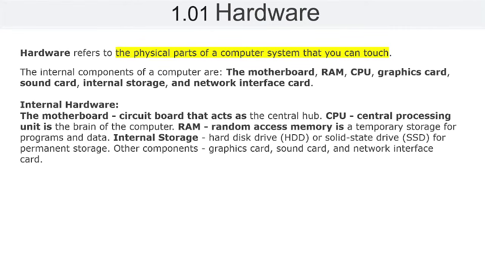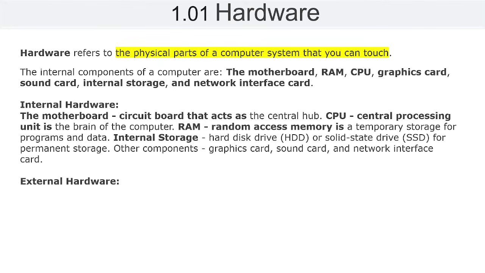The graphic card gives us the visual displays on our computers and enables us to watch videos in great quality. The sound card makes us able to play sound and hear sound. And then we have the network interface card that allows you to browse and interact with the network.